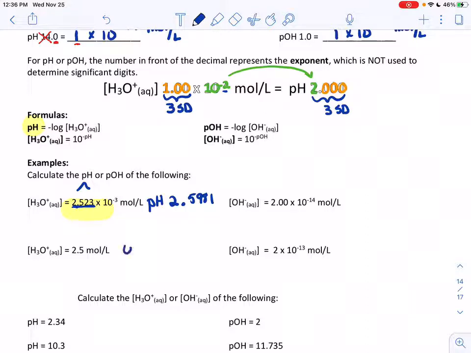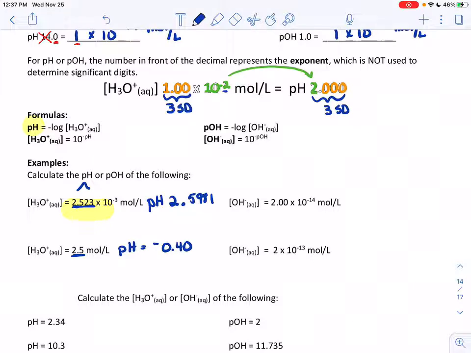Now, in actuality, it makes these acids really difficult to use, but they can exist. And so pH and pOH numbers can be negative. So this number has 2 significant digits. The number in front of the decimal for pH and pOH don't count. So this value will be negative 0.40 as a pH.